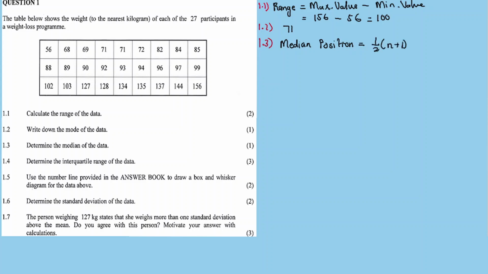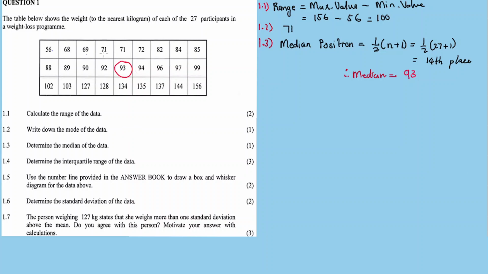Median position is equal to 1 over 2 in brackets n plus 1. N represents the total number of the data set, which is 27. So 27 plus 1 is 28. What is half of 28? That is 14. So the 14th value is our median, which is equal to 93.